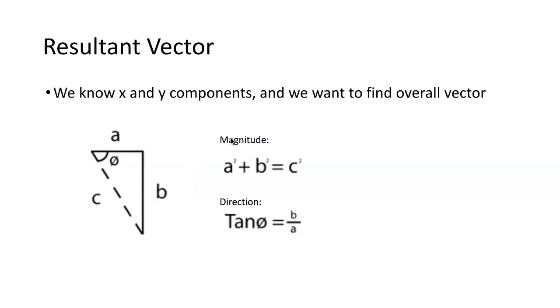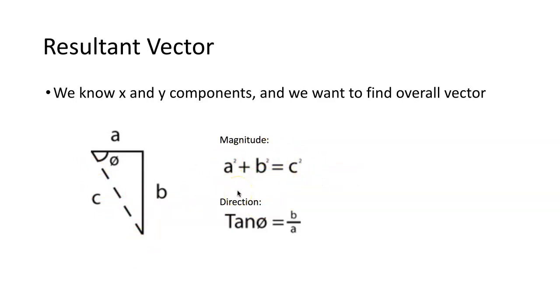So how can we solve if we know the x and y components and we want to find the total vector, or if we know the total vector and one of the components and we want to find the other component? We can use the Pythagorean theorem in order to solve this. Say that we know the x vector and the y vector. We can determine the resultant vector by using the Pythagorean theorem: a squared plus b squared equals c squared.